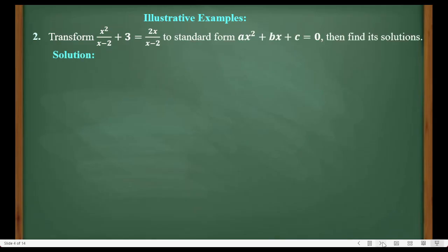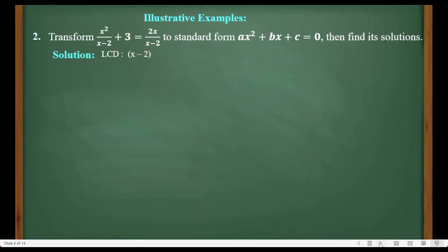So again, for our solution, as what I've said a while ago, we must clear the given equation from the denominator. Since we only have one type of denominator, which is x minus 2, therefore understood that the LCD is that expression also, which is x minus 2.